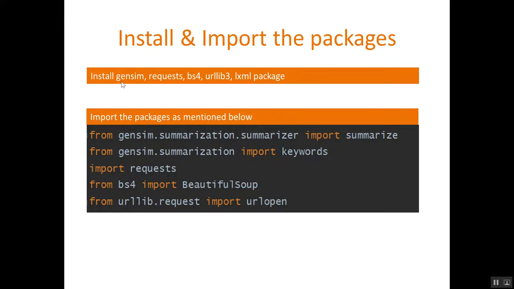So in PyCharm I have installed Gensim, requests, bs4, urllib3, lxml packages. So after you install these packages, we need to import them so that we can use them in our Python program. So here we are just importing them so that we can use the functions related to these packages.